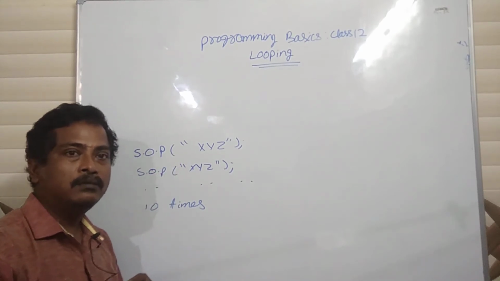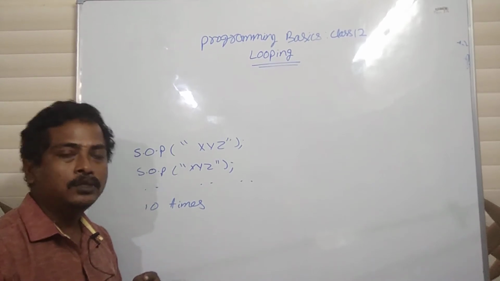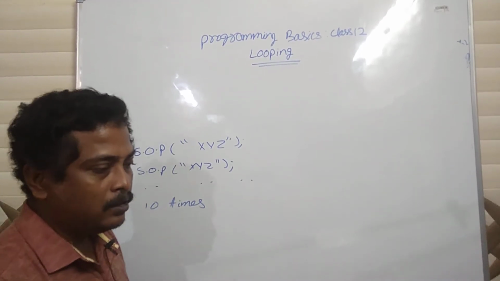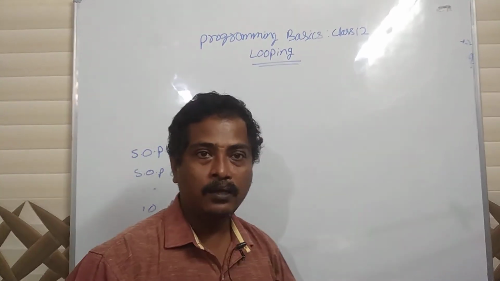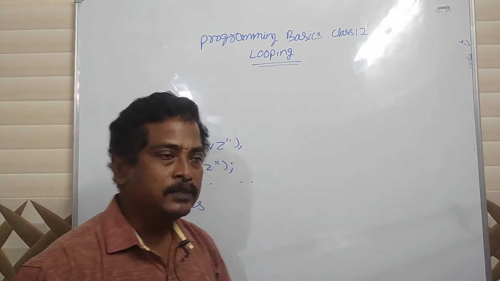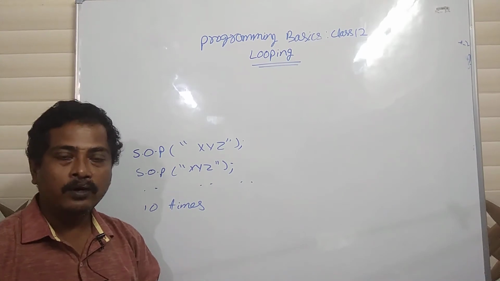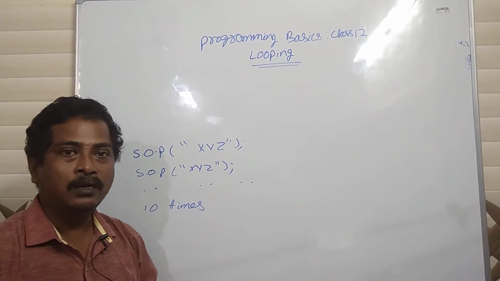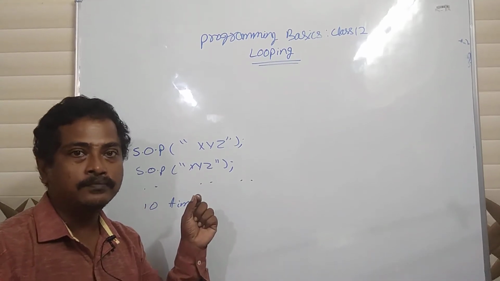Suppose I tell you, write your name 1000 times. Will you write 1000 times? No. For that reason, we have a concept, looping, where we repeat a single statement or a block of statements several times. How many times depends on the condition we are putting.